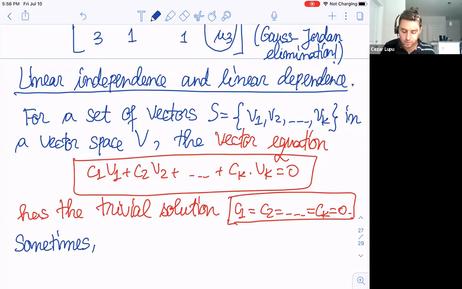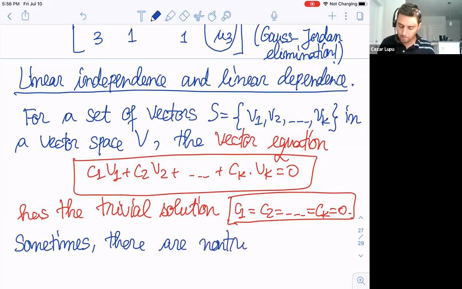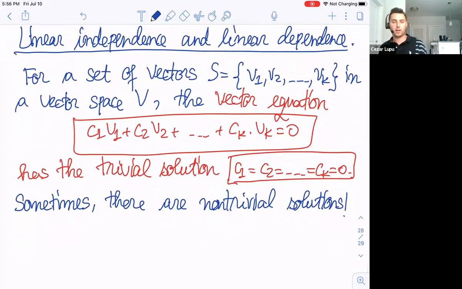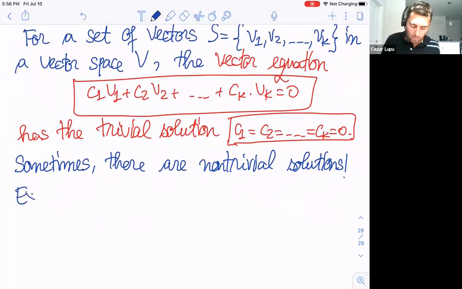But sometimes there are non-trivial solutions. We have seen vectors for which their linear combination will give you 0, but those scalars are not 0, and we have seen such examples. We will call those vectors linearly dependent. Let me give you an example.